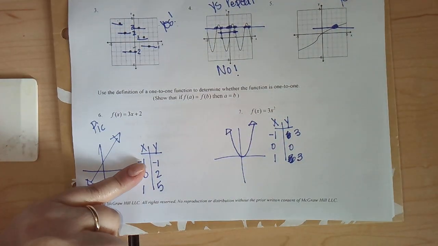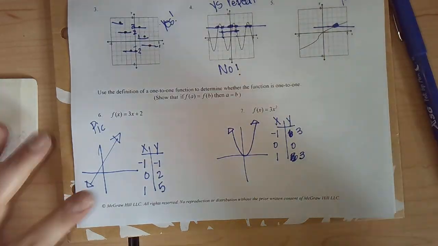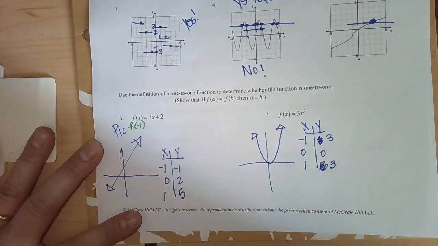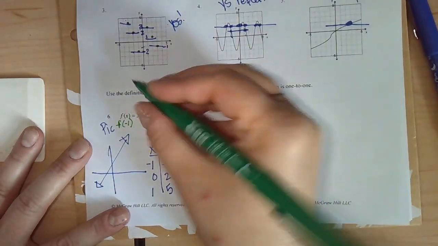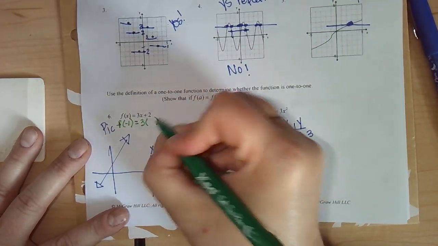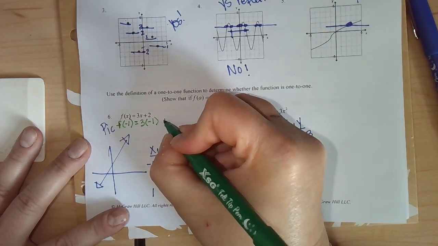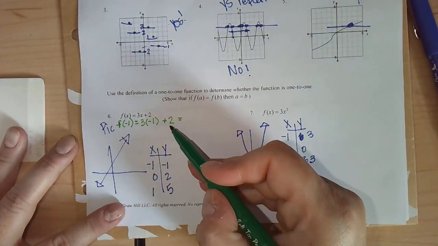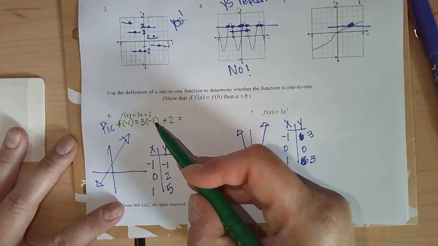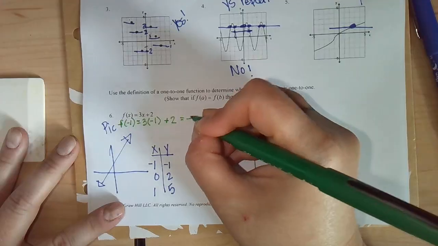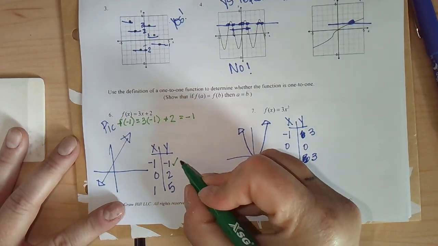We could have gotten these t-charts by just plugging in numbers. Let's plug in negative 1 for x and see what pops out. So we have 3, and instead of that x, let's put a negative 1, plus 2. 3 times negative 1 is negative 3, plus 2 is negative 1, and that's where we get this y value.